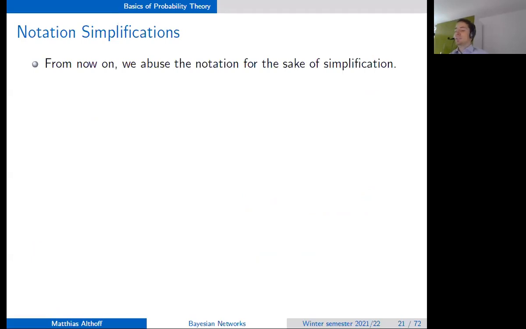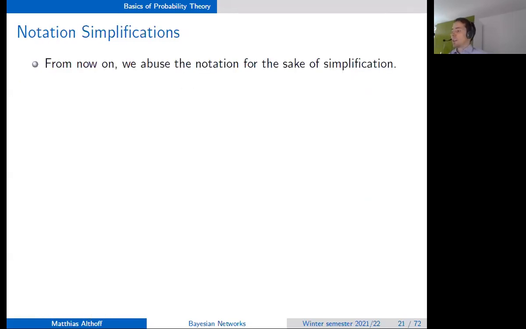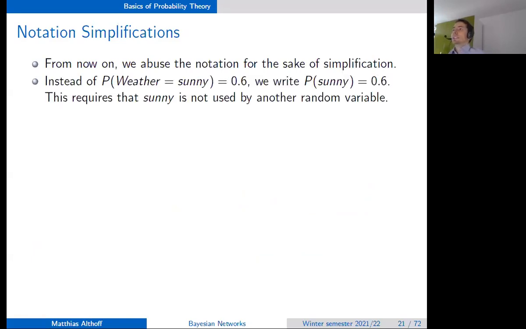Okay, now you've always used this notation: the random variable has a certain value, and that then is an event. This is, of course, mathematically very clean. However, it's very cumbersome to always write this. So now we will introduce some simplifications for the notation. So instead of writing the probability that the weather is sunny is 60%, we will write p(sunny) = 0.6, assuming that the value sunny is not used by any other random variable.